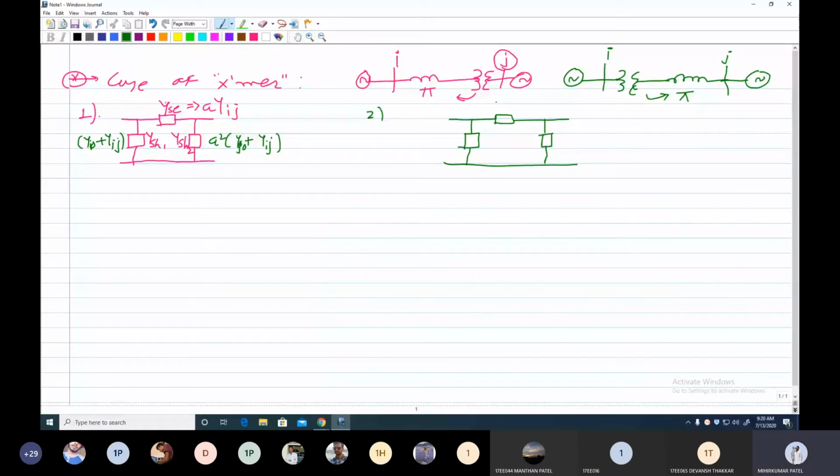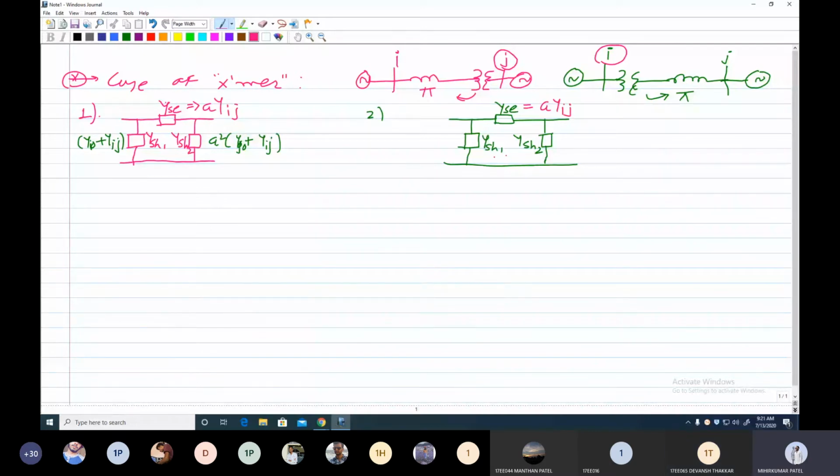again you will have 3 parameters, 1 series and 2 shunt parameters. What is the value of this series element for case 2 where the transformer is placed at the ith bus? A into Yij. Yes, very good. It is the same as case 1, A into Yij.